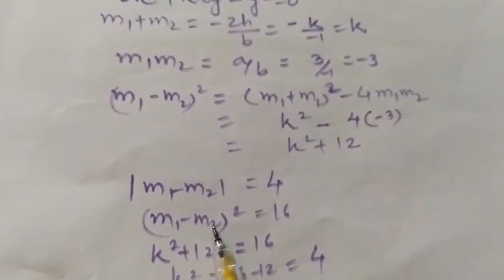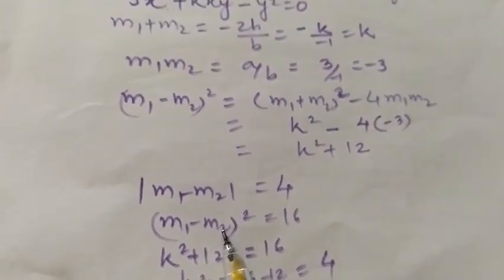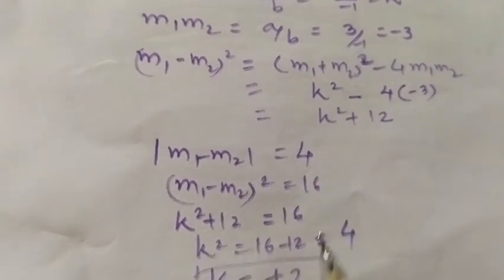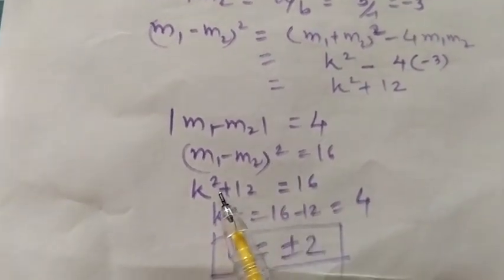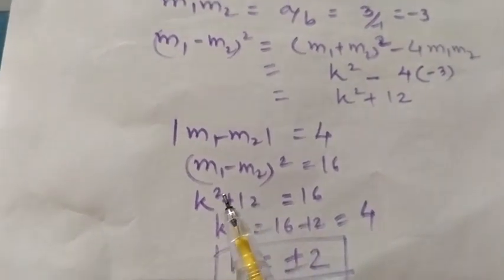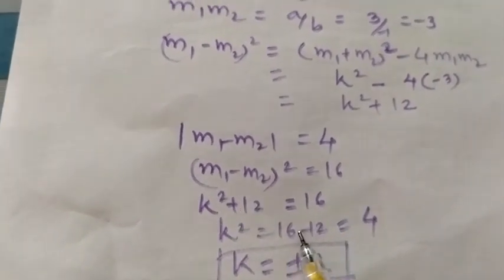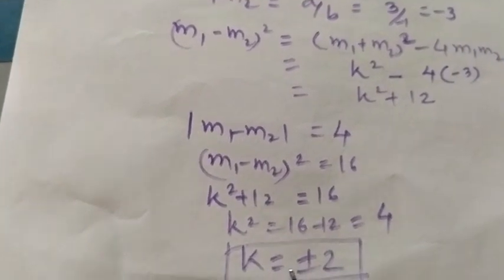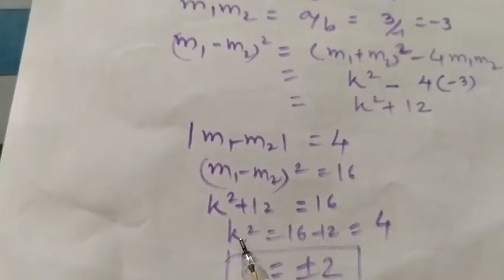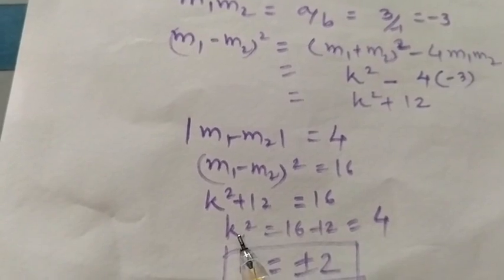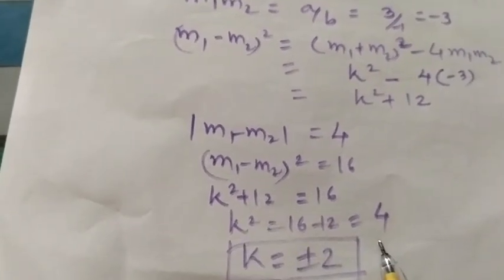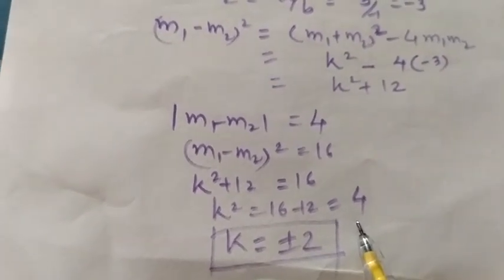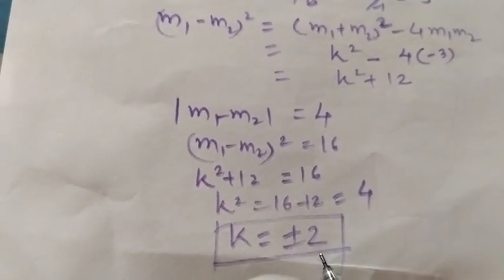But we know the value of m1 minus m2 whole square is k square plus 12. Put the value, this is 16 as it is. Now put this value and simplify this equation. After the simplification, we will get k square equal to 4. Since k square is equal to 4, the value of k is plus or minus 2.